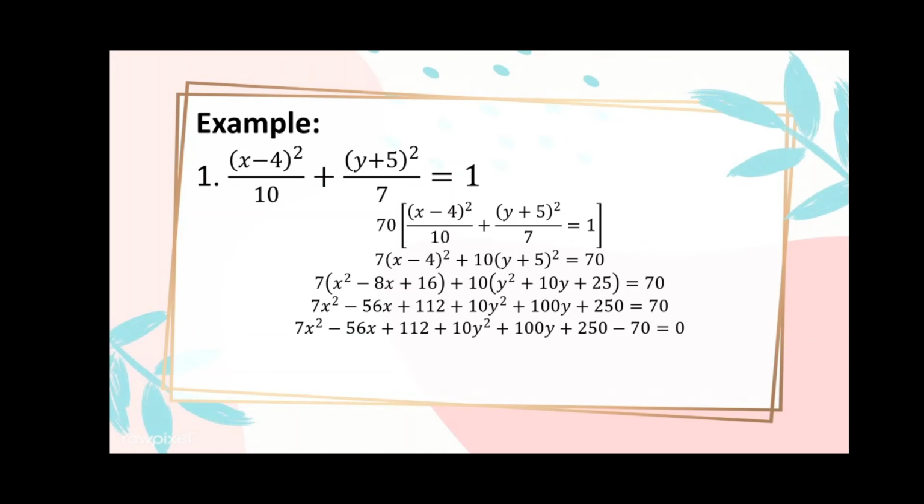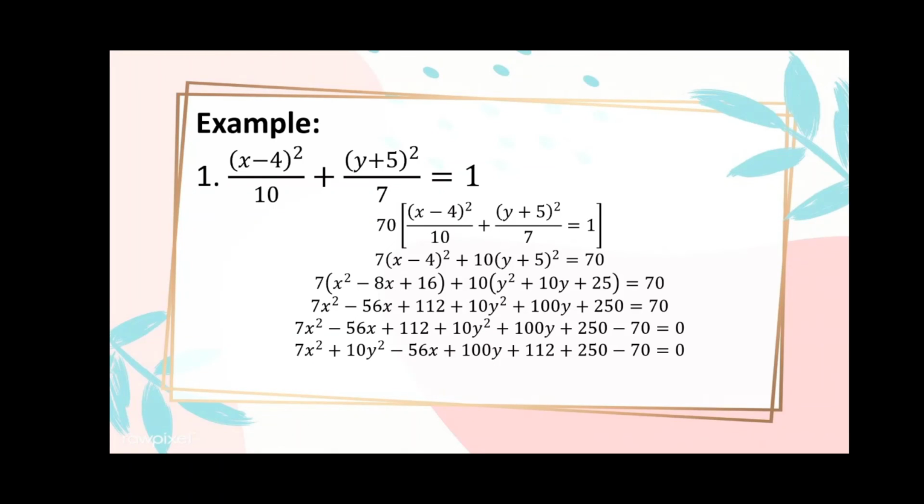Next, you need to transpose, of course, the constant term from the right side of the equation to the left side. So we have now 7x squared minus 56x plus 112 plus 10y squared plus 100y plus 250 minus 70 is equal to 0. The next thing is for you to arrange the equation in general form and combine like terms if possible.